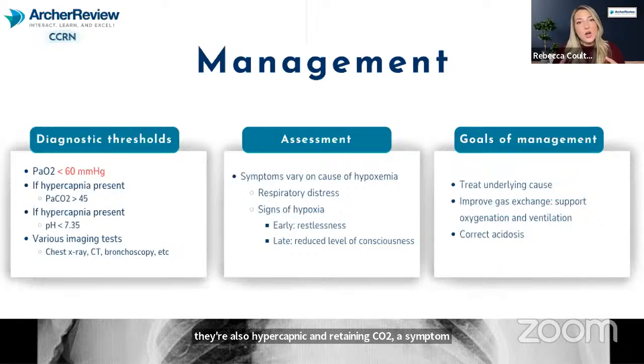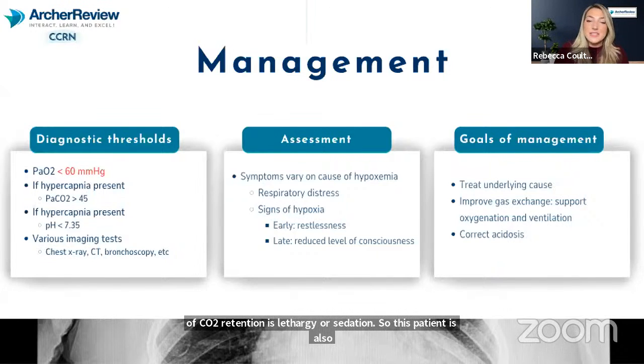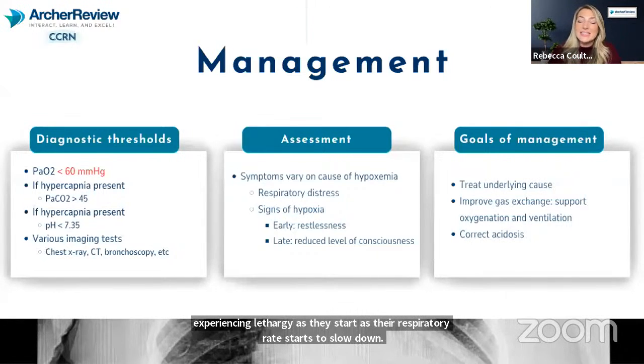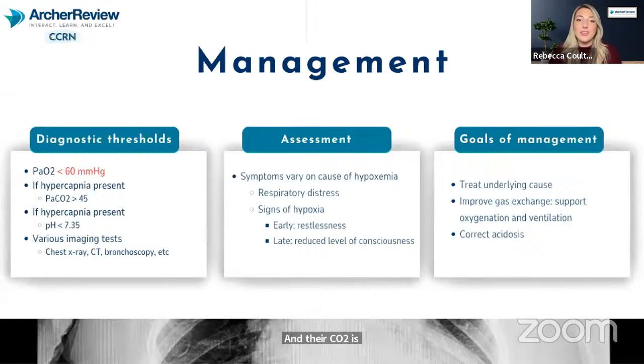So this patient is tired because they were just breathing 50 times a minute and getting exhausted, but they're also experiencing lethargy as their respiratory rate starts to slow down and their CO2 is retained. And now we have lethargic symptoms due to hypercapnia as well as that exhaustion.